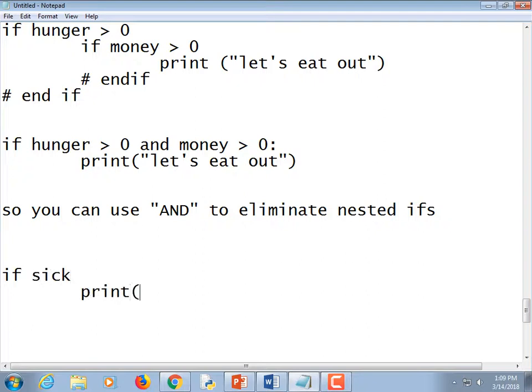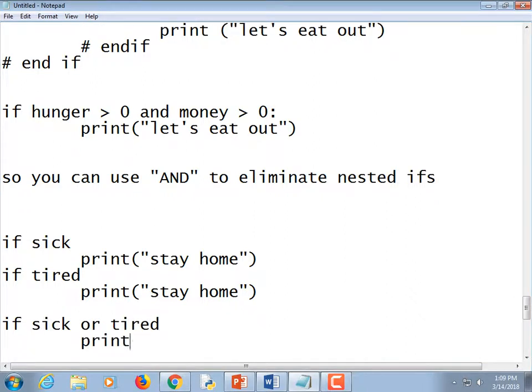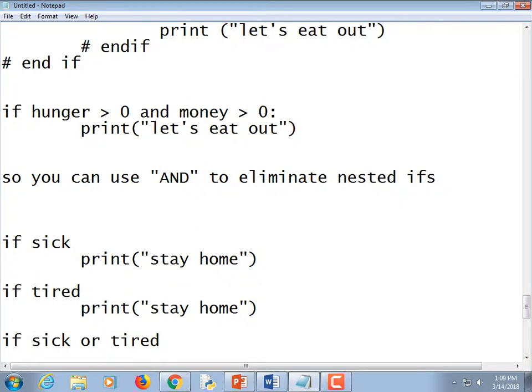If sick, print stay home. If tired, print stay home. You see that? You could reword that as if sick or tired, print stay home. And I forgot to put my end ifs.